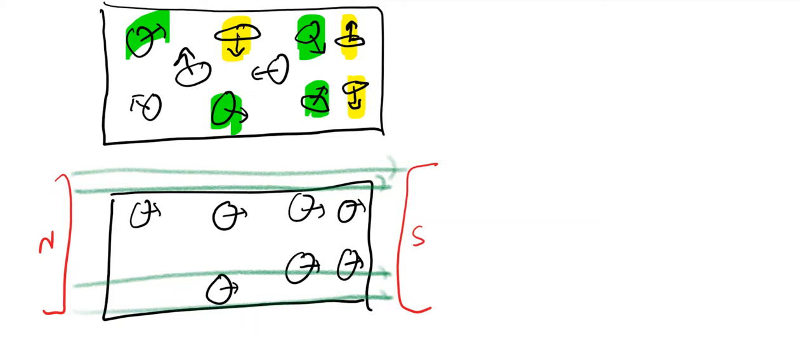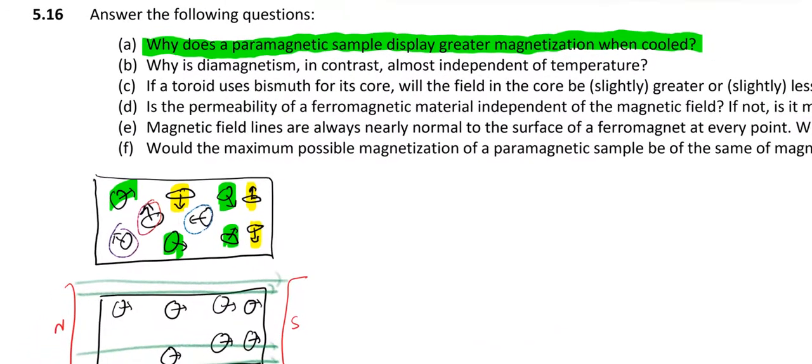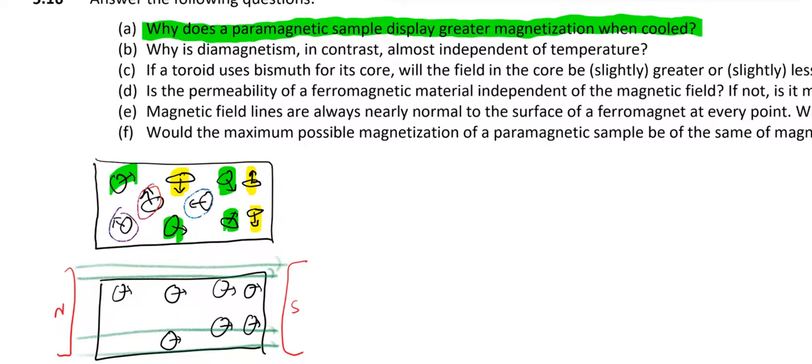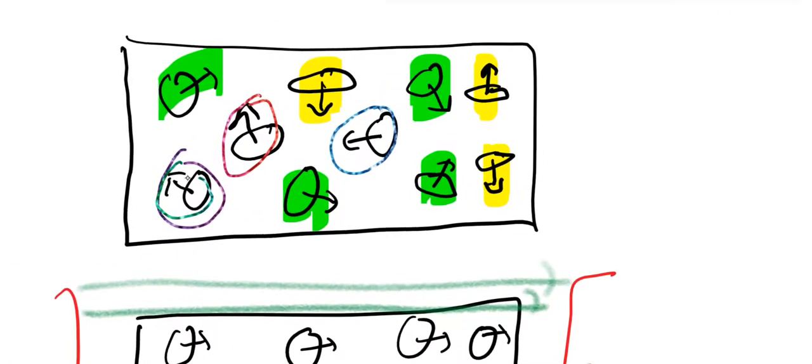But you will always have a few which will not be aligned because they have thermal energy at room temperature. As you increase temperature, the randomization of such atoms increases, and hence with increase in temperature, randomization increases and magnetization decreases.